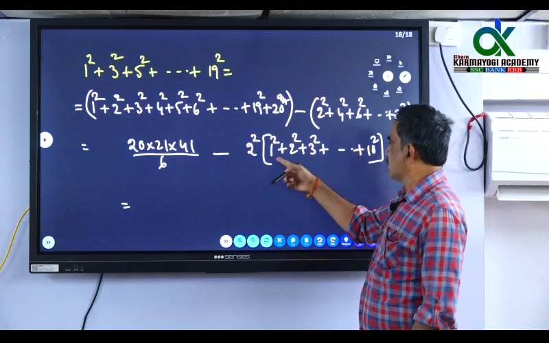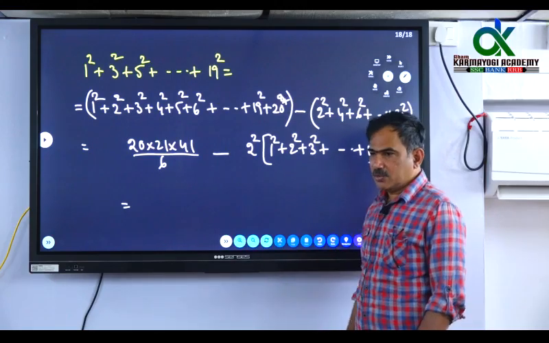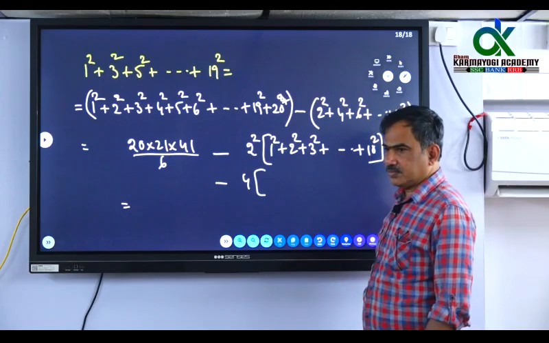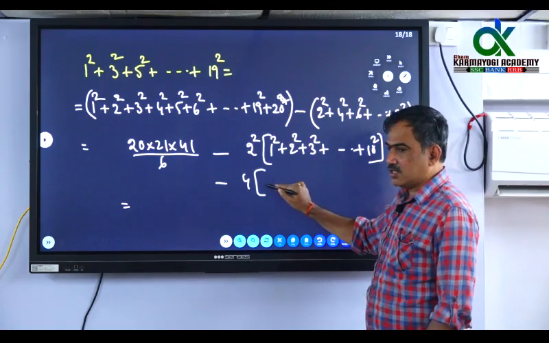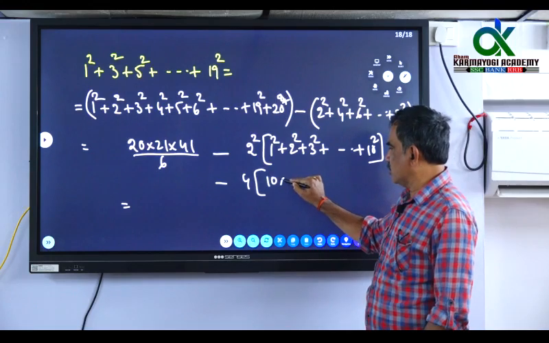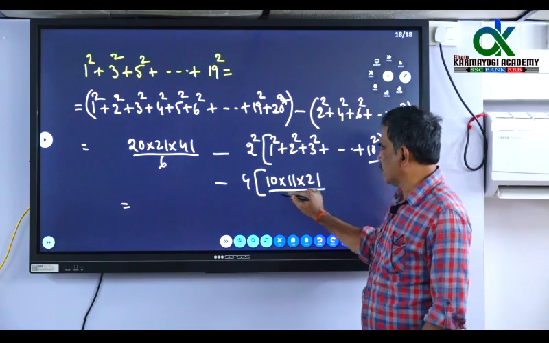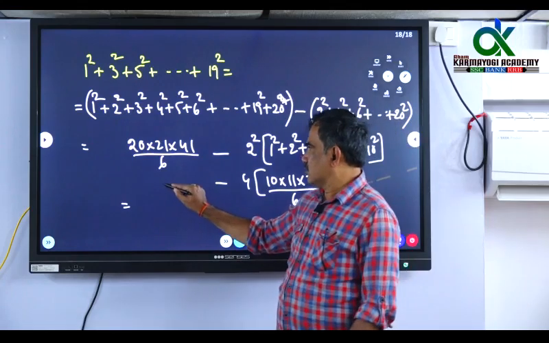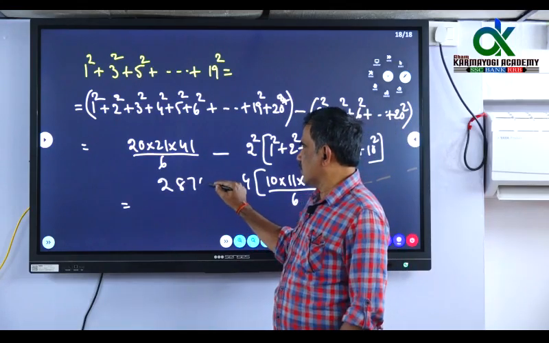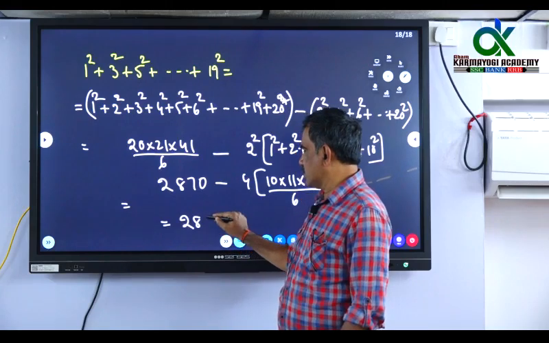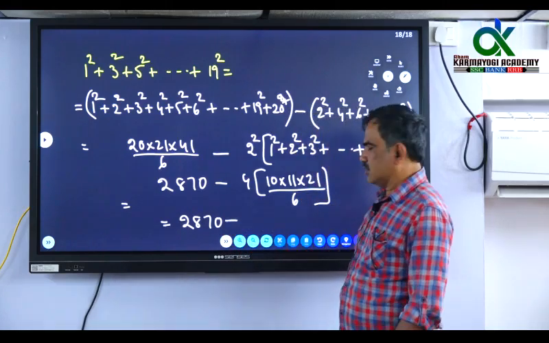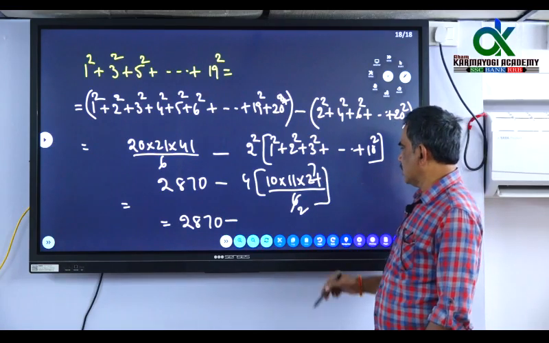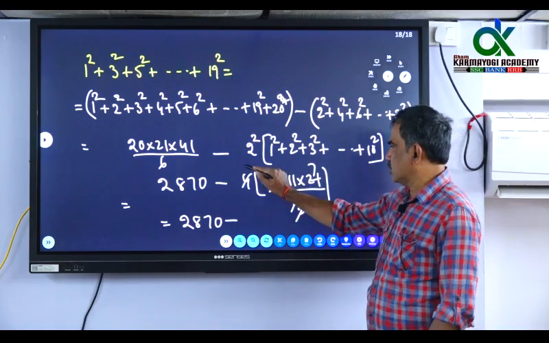If we take 2 square common, it becomes a sum of squares of natural numbers again. This is nothing but 4 into, what is the sum of squares of 10 natural numbers? n into n plus 1 into 2n plus 1 by 6. So this is nothing but 385, and already you know 2870 minus, 3 2s, 3 7s, 2 1s, 2 2s cancel.